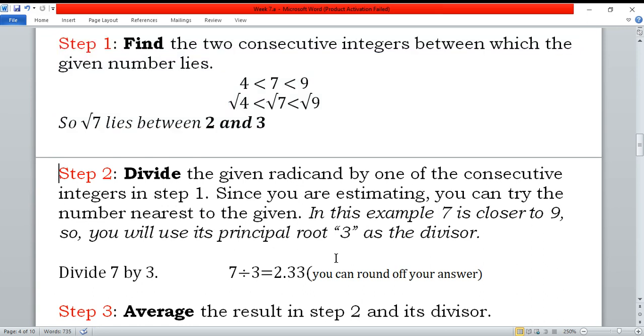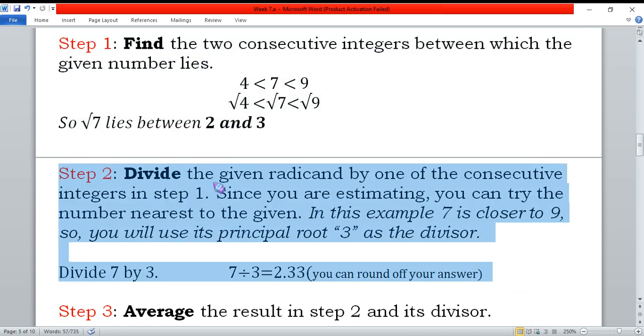Next step is to divide the given radicand by one of the consecutive integers in step 1. Okay, so since you are estimating, you can try the number nearest to the given. In this example, 7 is closer to 9, so you will use its principal root 3 as the divisor.